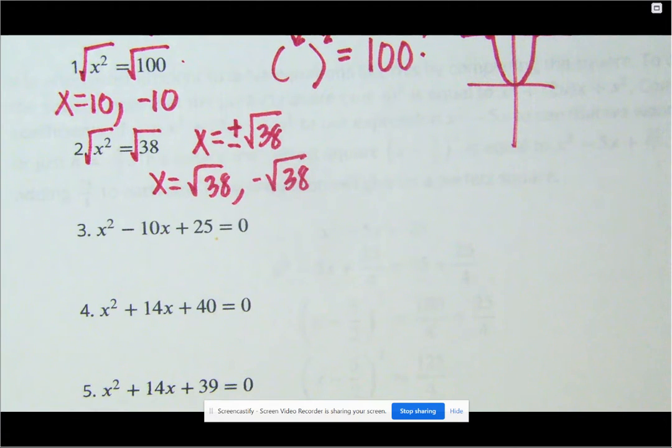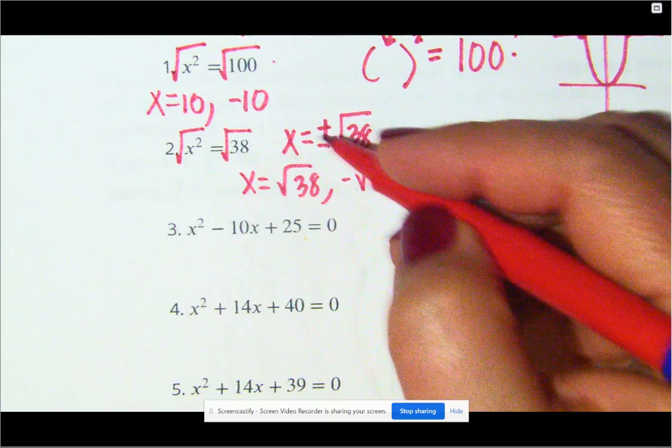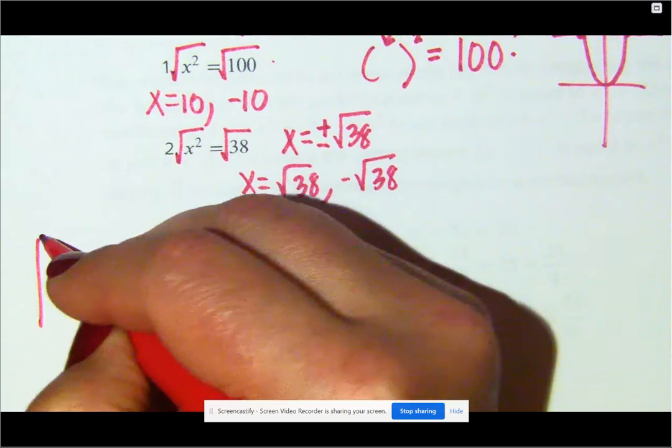All right, now here comes our tools. We've got completing the square or the quadratic formula. If you start to recognize the pattern, completing the square is probably going to save you time and work. How do you know if it's one of those perfect square problems? Make your box and check. I'm going to go over here and see if this is a perfect square.